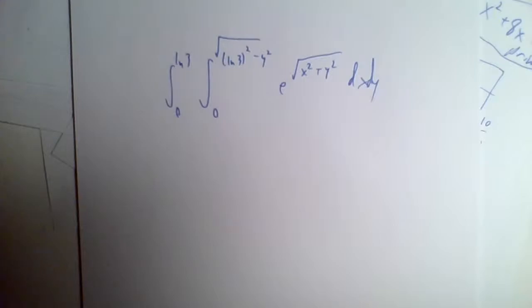The key observation on this thing is that e to the square root of x squared plus y squared does not have a nice antiderivative at all. So even if it didn't say change to polar, you're kind of stuck with this. If you try to integrate this with respect to x, you're not finding an antiderivative.